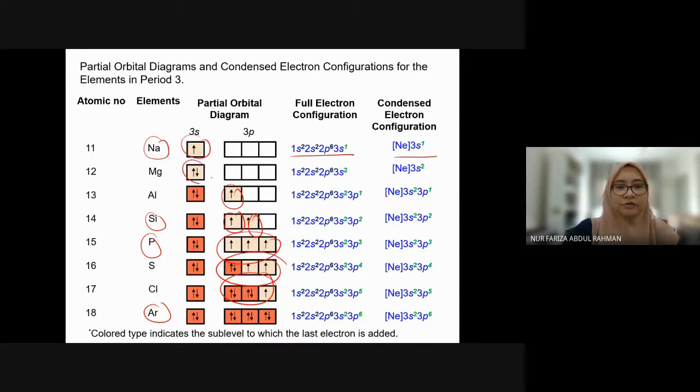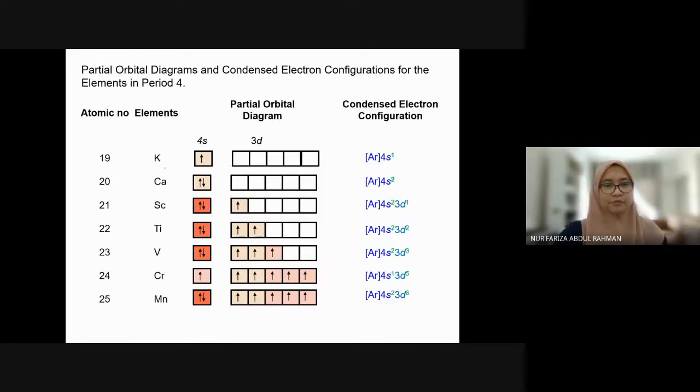So these two come from the s-block elements. Element, okay. So potassium also comes from the s-block. Calcium, scandium, titanium, vanadium, chromium, manganese. These are all transition elements.